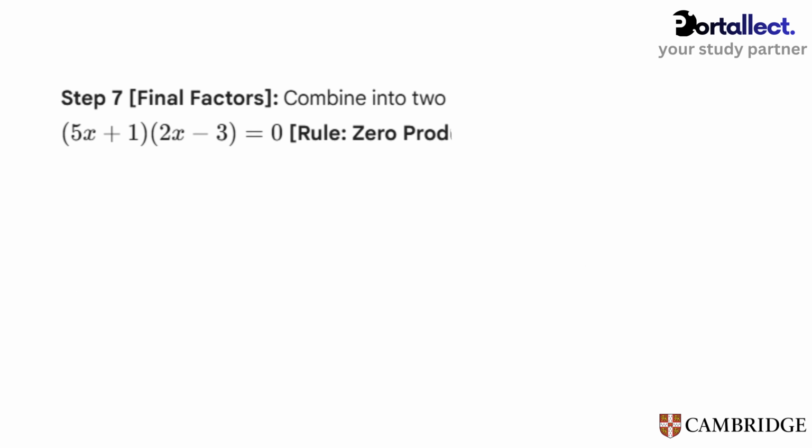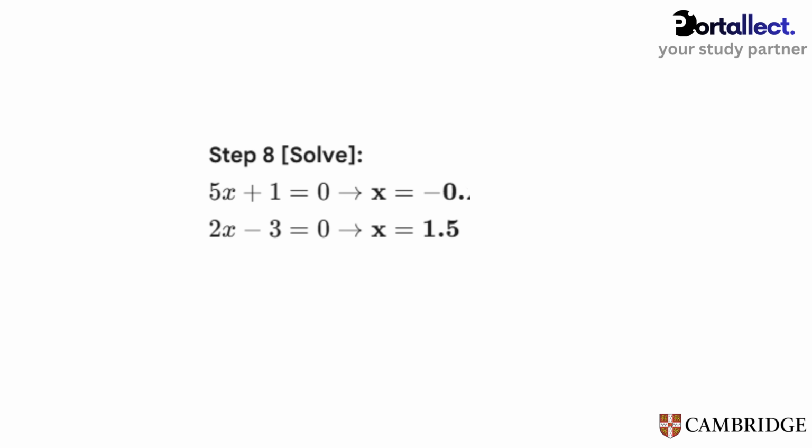This gives us our final factors. 5x plus 1 times 2x minus 3 equals 0. Setting each bracket to 0 and solving for x, we find our final roots. x equals negative 0.2 and x equals 1.5.